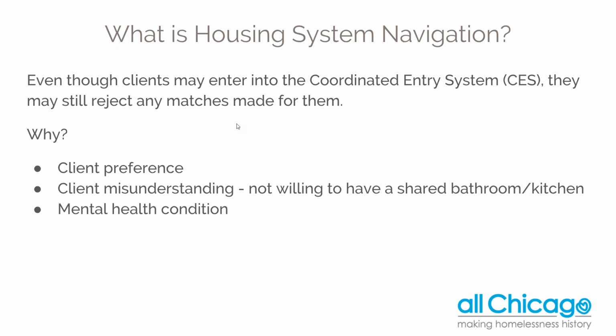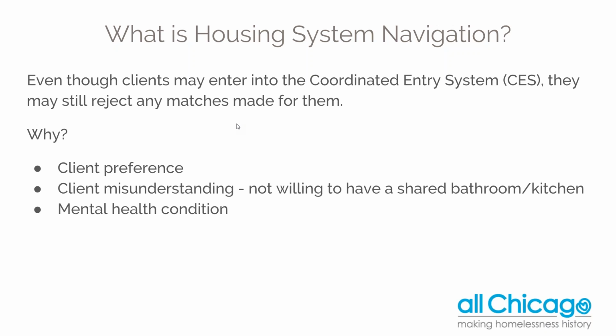Maybe they were matched to a permanent housing unit in a side of the city that they don't necessarily want to engage in. Perhaps they don't want to live in a SRO, which would be a single room occupancy, where they will have to share a bathroom or share a kitchen. Perhaps they don't want to live in a unit like that.